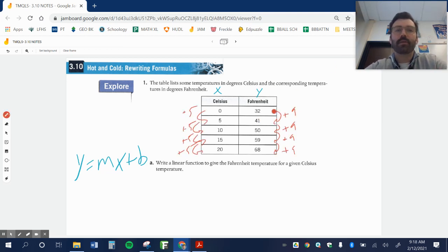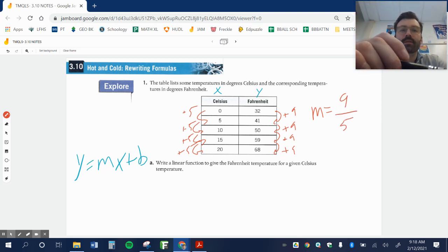Our rate of change: my y, or Fahrenheit, is increasing by 9, and Celsius, or my x, is increasing by 5. So that tells me my slope is change in y, which is 9, over change in x, which is 5.